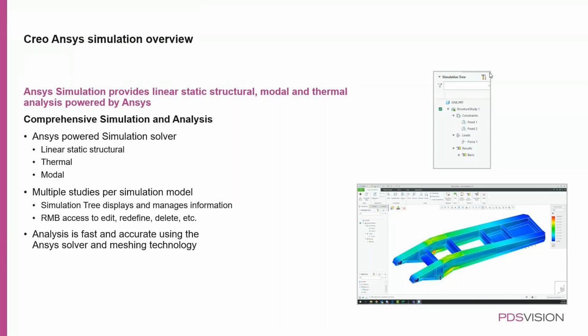So the exact same solver that industry leader ANSYS uses to conduct its simulations has been brought into Creo Parametric, where that exact solver and mesher is used to analyze your CAD model. This solver is, as I said, industry leader, so it's extremely fast, it's extremely accurate, and it forms the foundation of simulation moving forward.